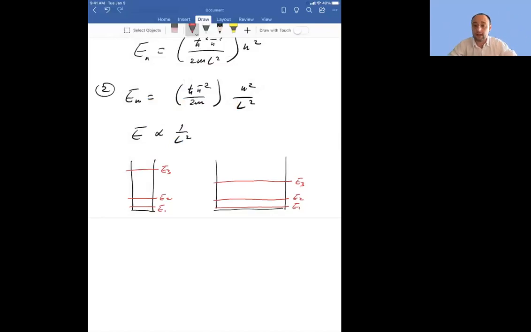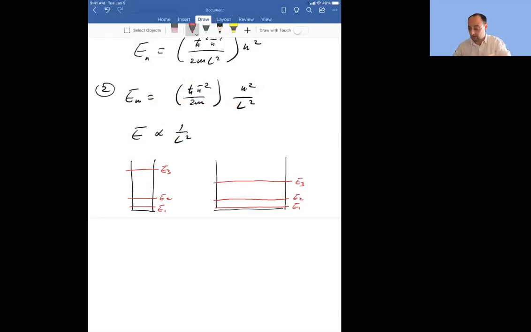You can roughly see where that factor of 1,000,000 comes from: nuclei are something like 1,000 times smaller than atoms. So the idea that nuclear energies are something like 1,000 times larger than electron energies is consistent with this formula.